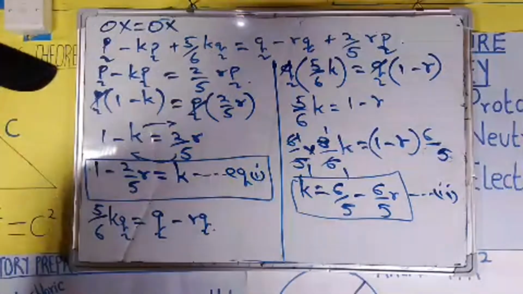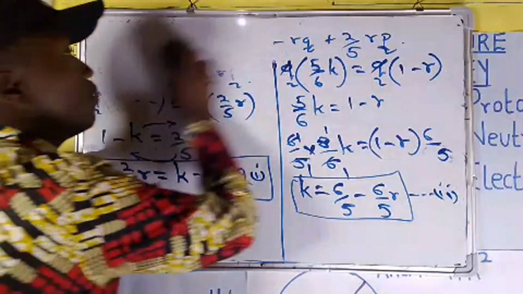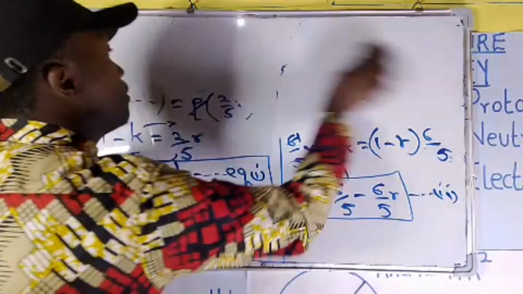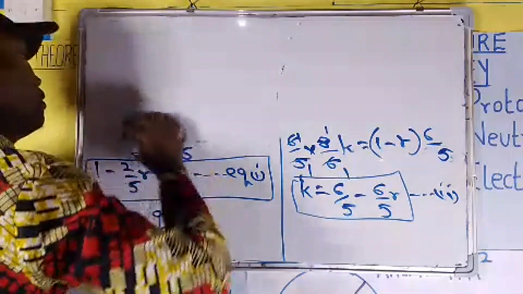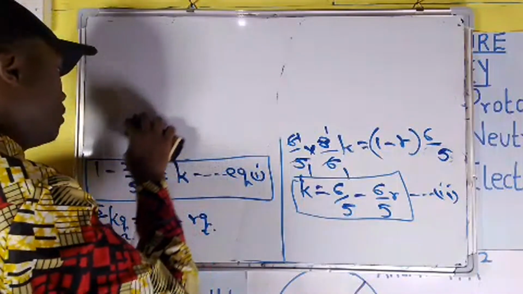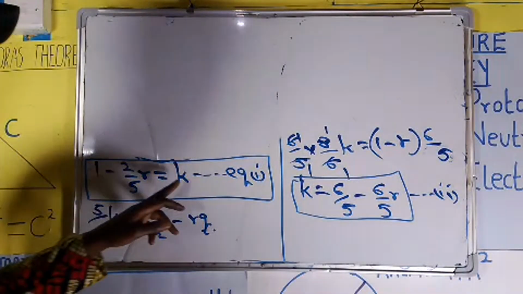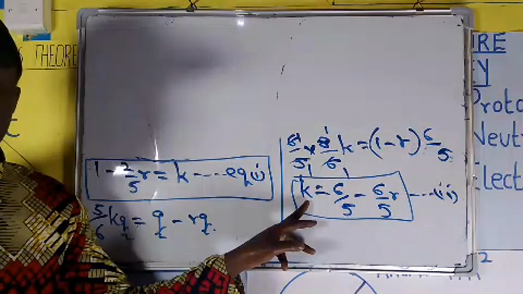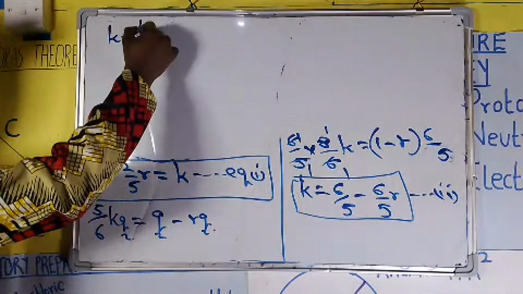So with those two, we will have this part and proceed. This one is k and this one is also k. So with two k's, it simply means k is equal to k.